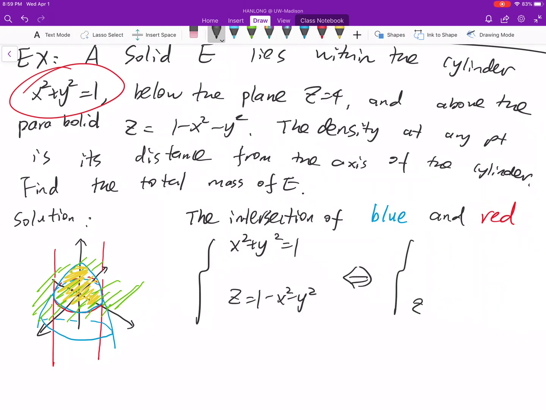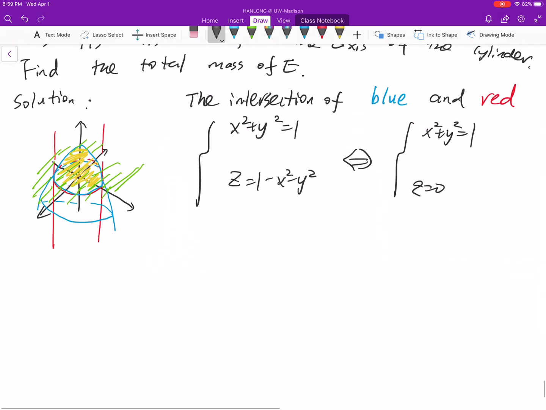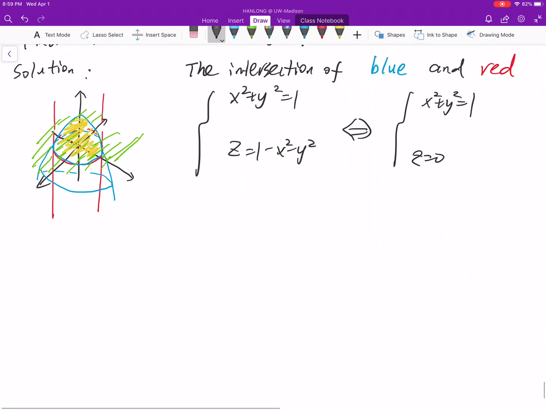Then you have z should be 0, x squared plus y squared equals 1. And then what does that mean? That means the intersection of blue and red lies, this computation lies in the green plane.